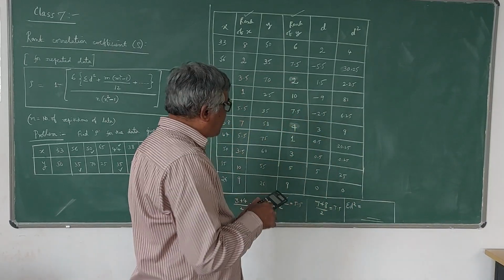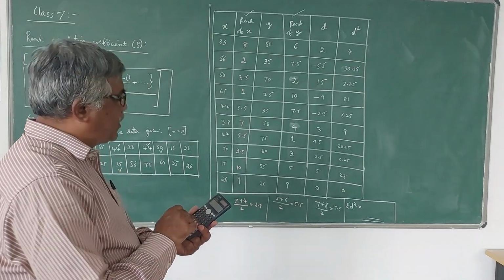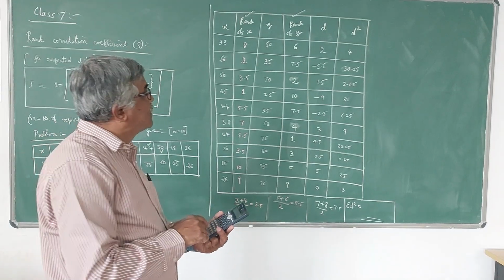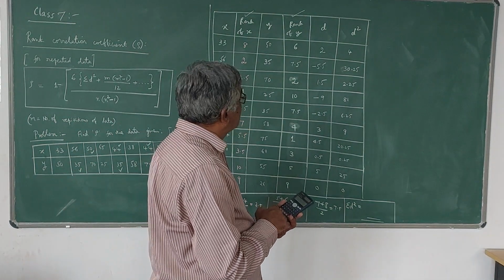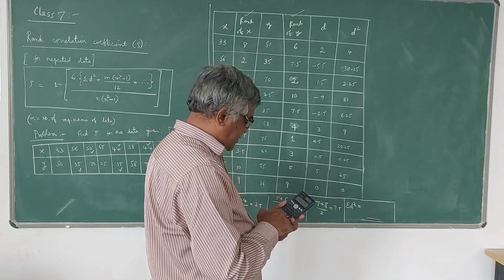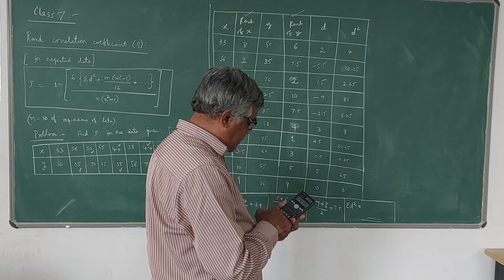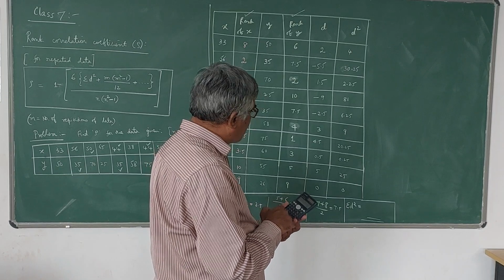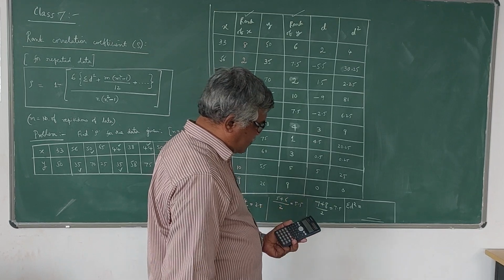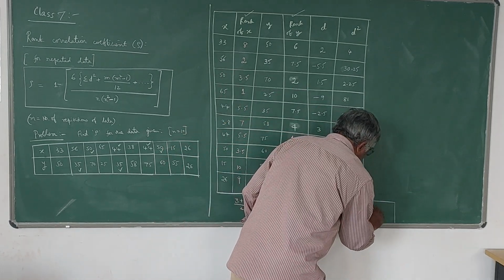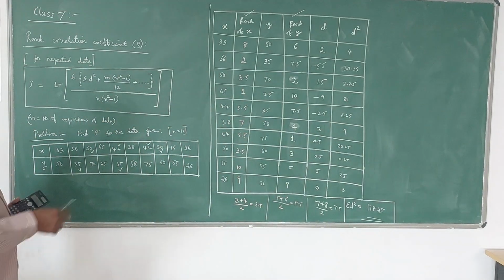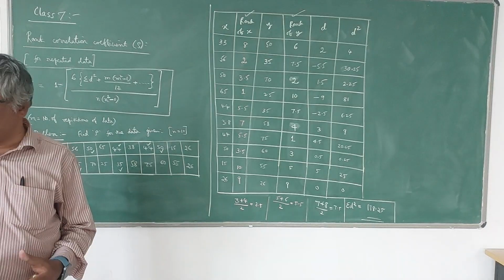So 4 plus 30.25 plus 2.25 plus 81 plus 6.25 plus 9 plus 20.25 plus 0.25 plus 25 plus 0 gives 178.25. So this is the value of sigma d square. Now we have to use this formula. How to use that formula, we will see.